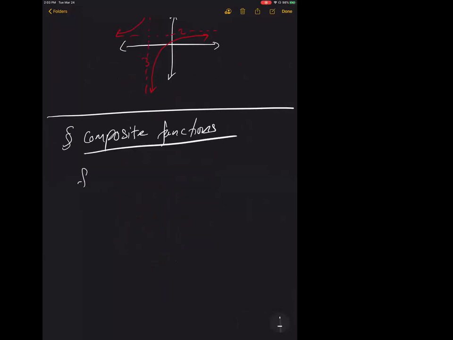So let's say I have 2 functions. f of x is equal to x squared plus 5, and g of x is equal to x squared minus 10. And I want you to compose f of g. I will write this, f of g of x.